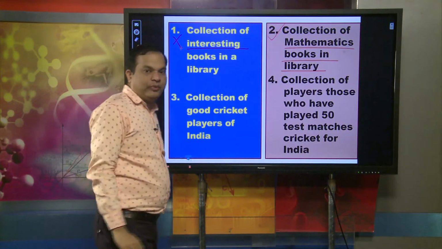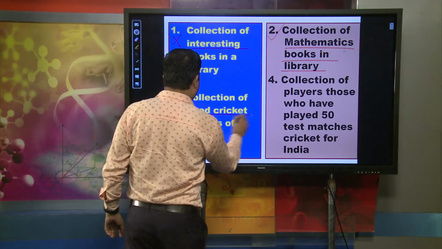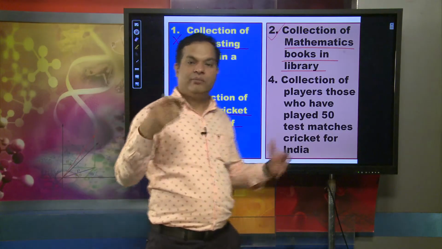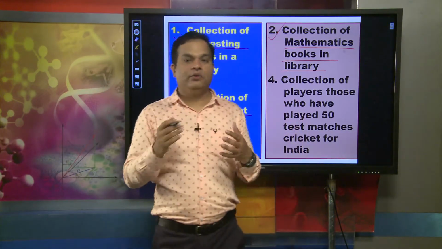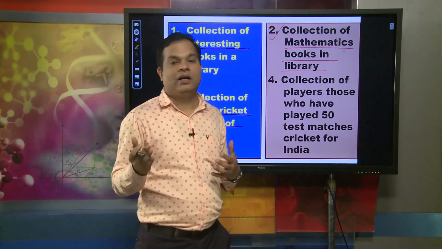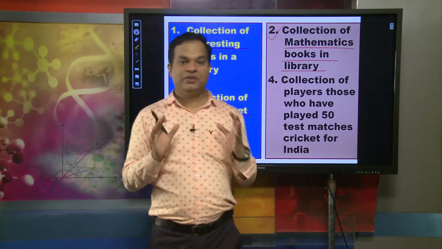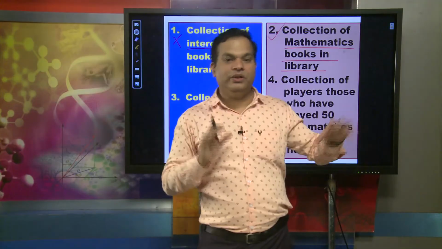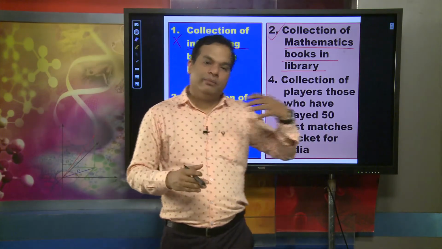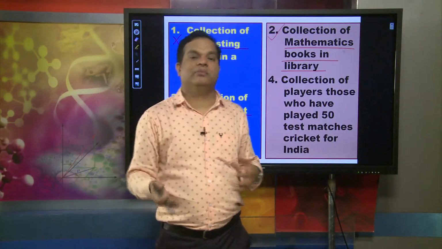Third example: suppose a collection of good cricket players of India. You know, the Indian cricket team is very popular, and we would like to form a set by taking good cricket players. It is also subjective in nature. It is very difficult to say which player is good and which is bad, because in some match one may be good, and in another match some cricketers are failures.